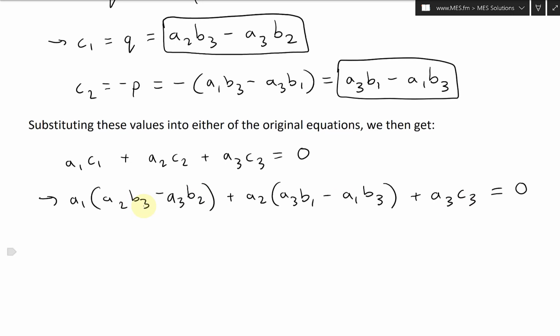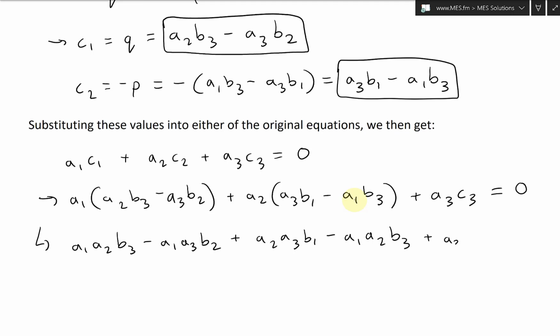This becomes A1, A2, B3 minus A1, A3, B2, and then plus A2, A3, B1 minus A1, A2, B3, then plus A3, C3 equals 0.